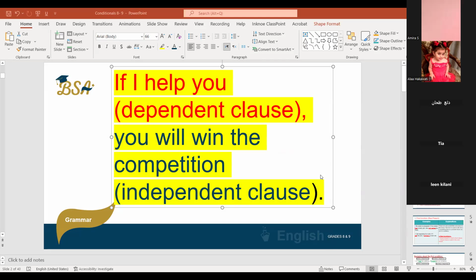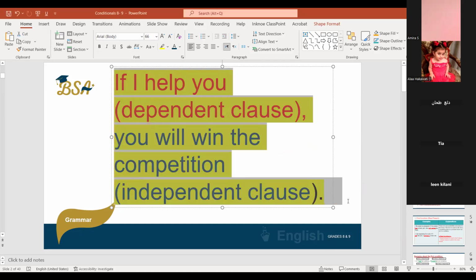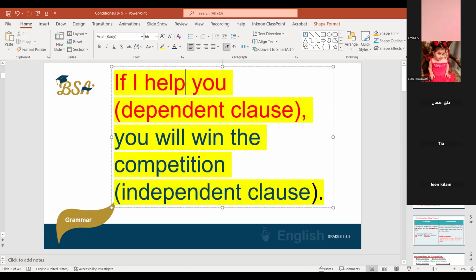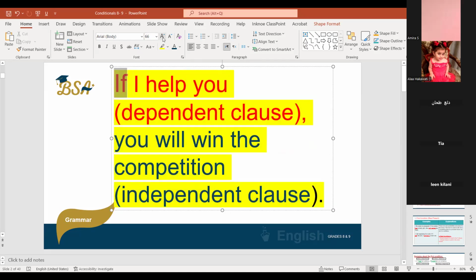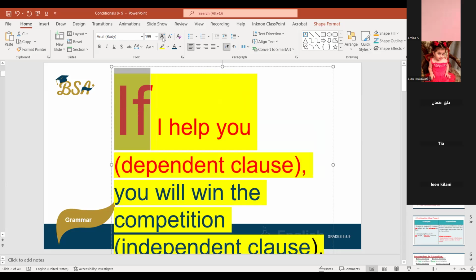Okay, so one of these clauses is a dependent clause, another one is an independent clause. If I want to name the whole sentence, all of it, what do I call it? It is a conditional sentence. Very good. What is the most important word in conditional sentences?